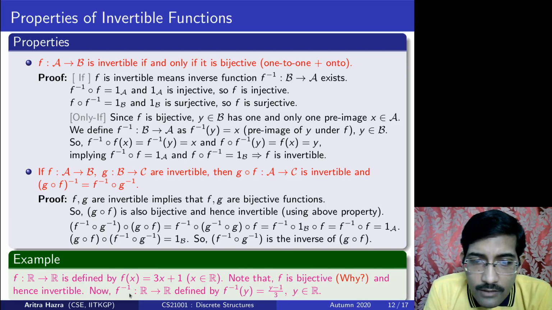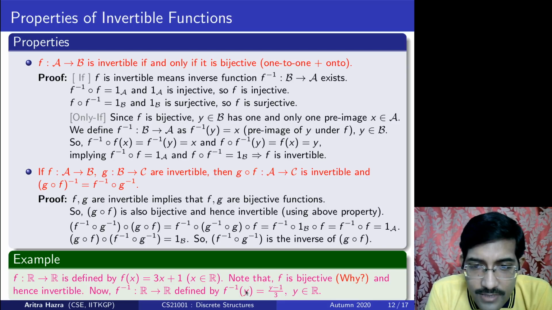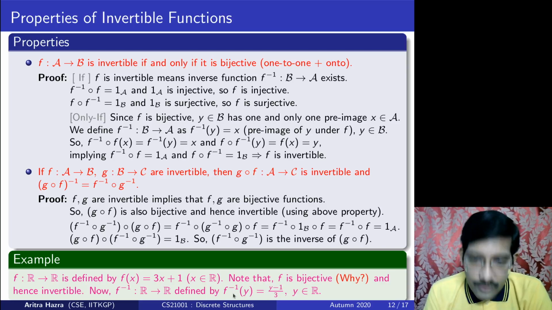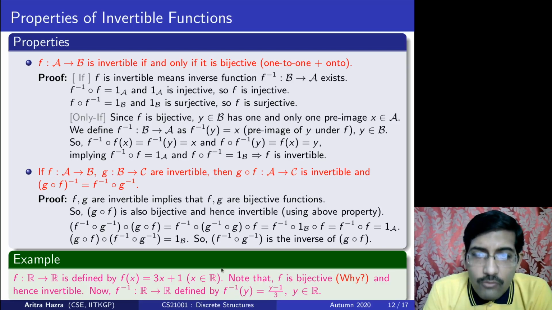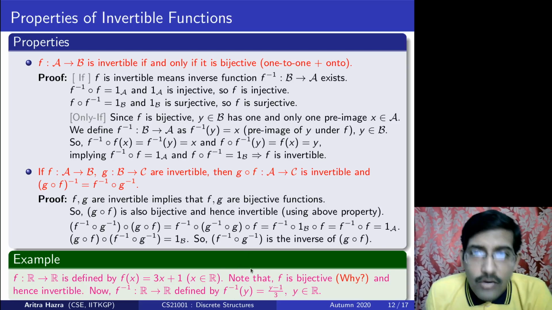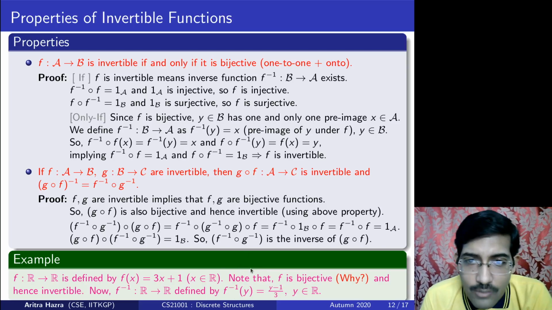Then we saw that the inverse would be (y minus 1) by 3, because f of f inverse of y will give you y, and f inverse of f of x will give you x. You try to do that and see that this is the inverse. So this is what we mean by an inverse, and all of these definitions and properties fall inside this kind of example.